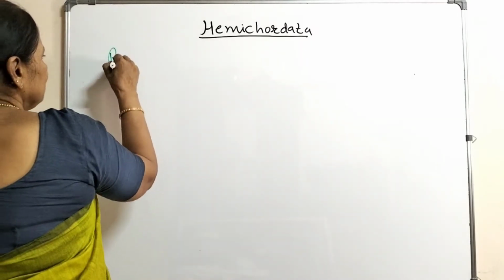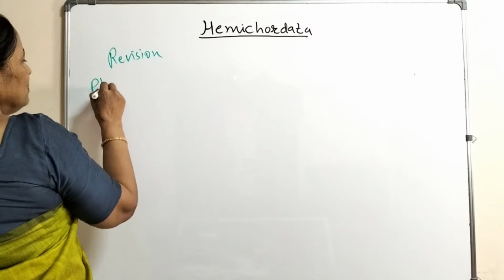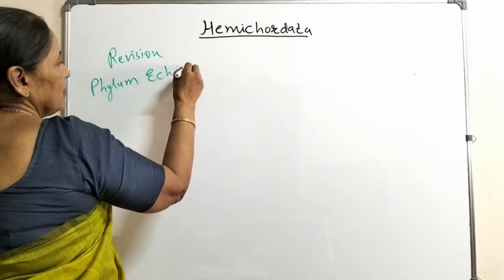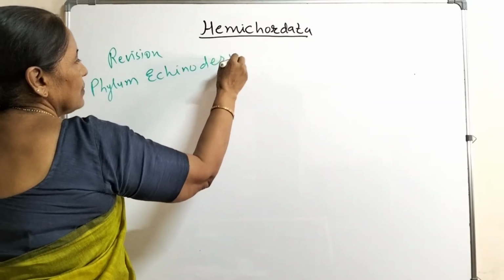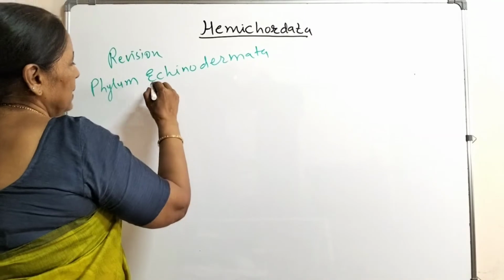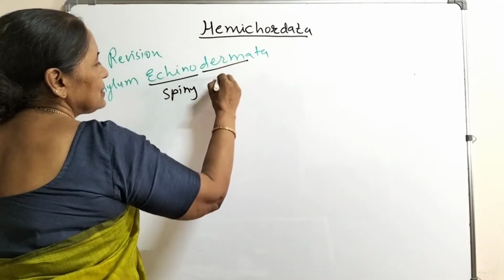Revision of Phylum Echinodermata. Echino means spiny and derma means skin.